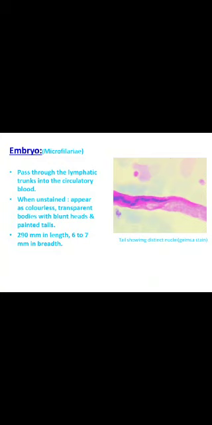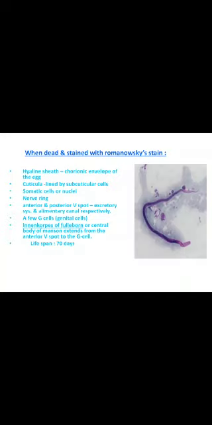When unstained, they appear colorless, transparent, like a thread, like a white colored thread. They have rounded heads and pointed tails. They have nuclei which are like granules spread throughout the microfilaria.